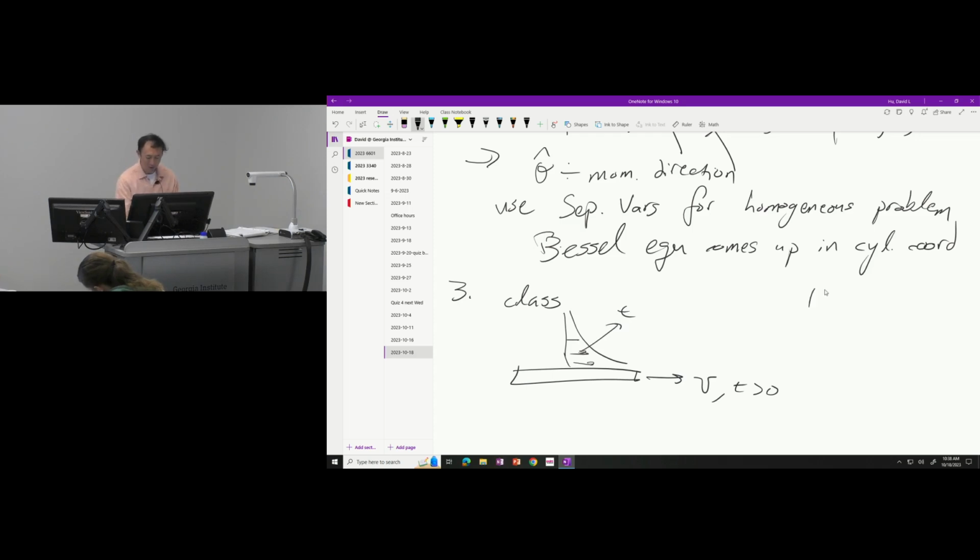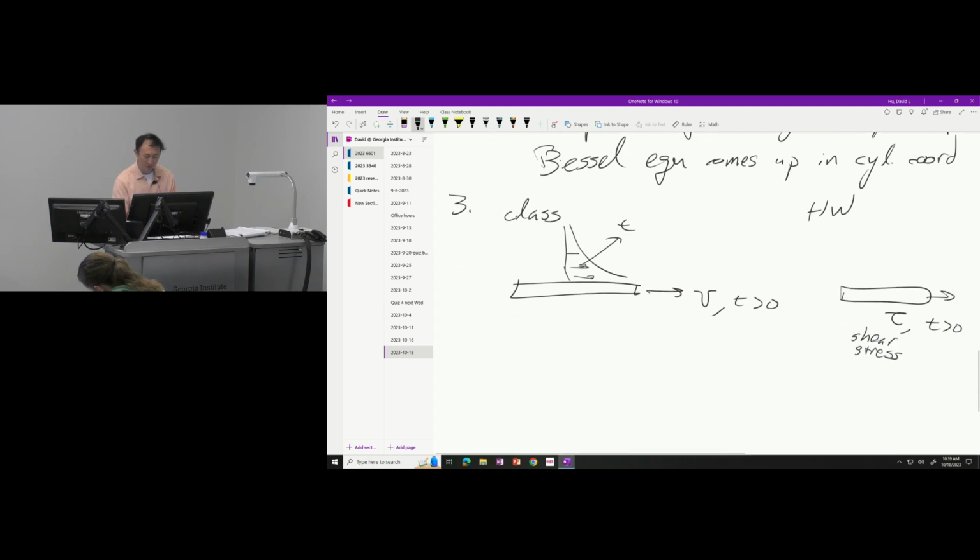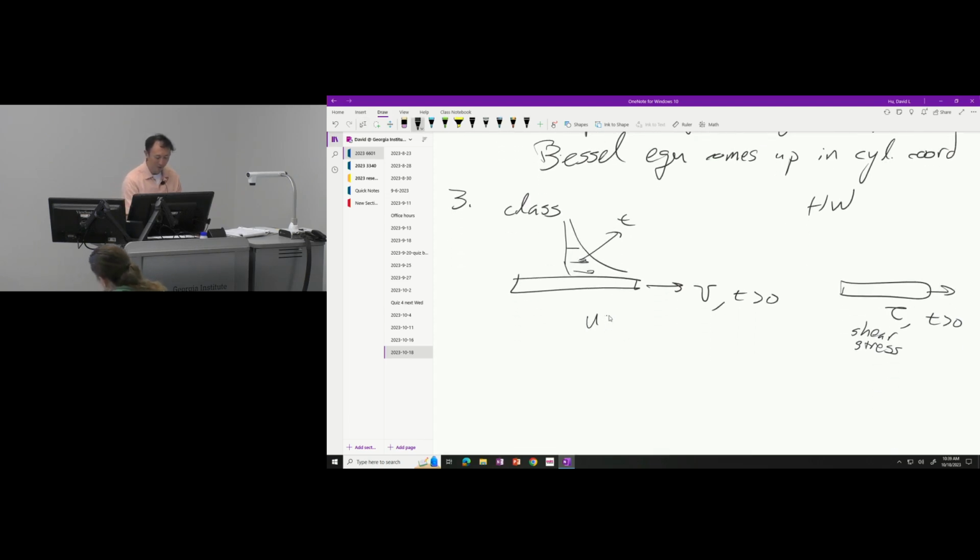This is the homework. The homework problem here, instead of V, you're going to have basically tau at time greater than 0. You prescribe the shear stress boundary condition. The critical difference between these 2 problems is that there, u equals V is the boundary condition at y equals 0, and here the boundary condition is mu du/dy equals tau at y equals 0.